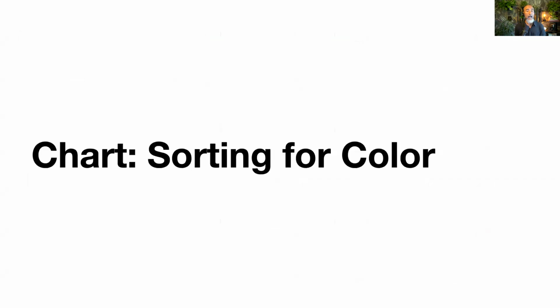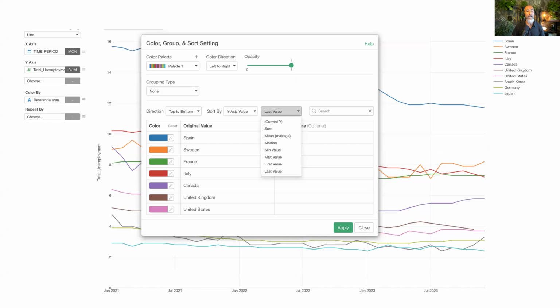Okay. Another thing is that we added sorting for the color as well. We had some sorting before, but now you can use an aggregate function. This is particularly convenient when you look at the legend on the right-hand side and you have a bunch of, say, 10 countries. Before, you could sort alphabetically, or sort by the y-axis.